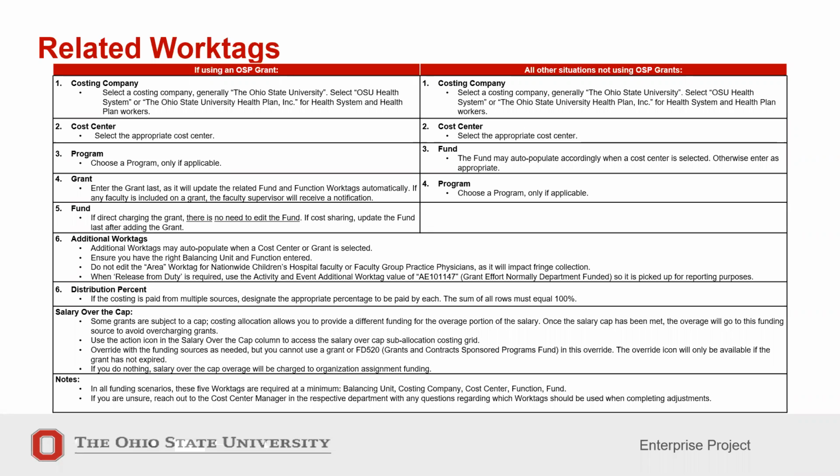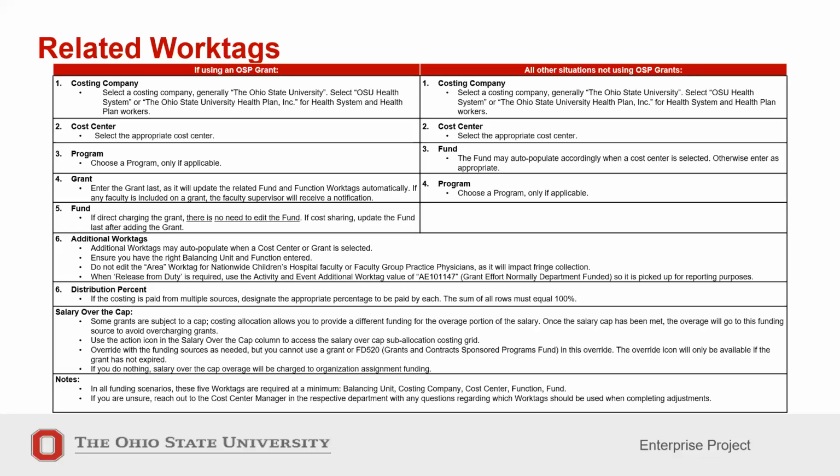If there's any errors from a custom validation standpoint, they will pop up and help you through. And the more you are in the system and get used to how related work tags work, you will definitely figure out, oh, I could have saved myself 4 clicks by maybe just entering the gift first. But definitely OSP grants is a big one that we see, even as we've been practicing testing.